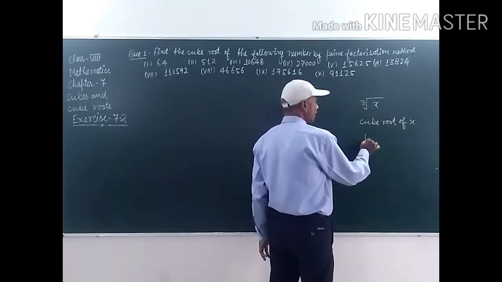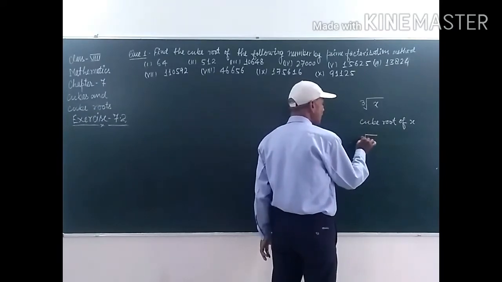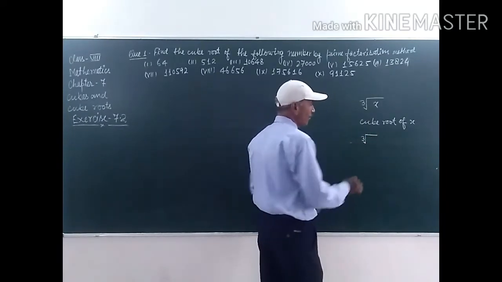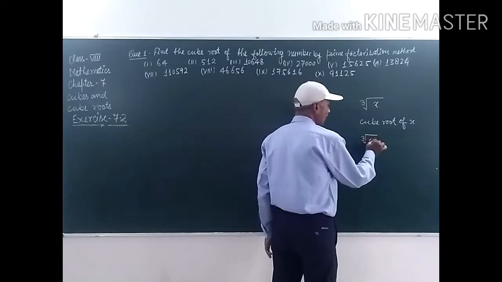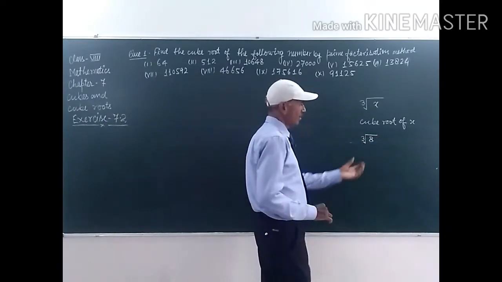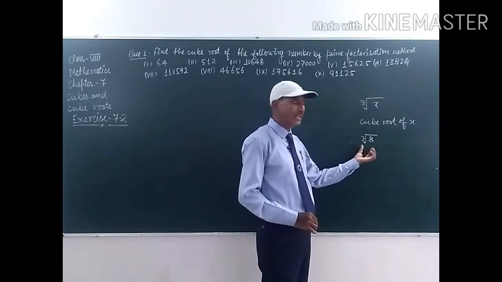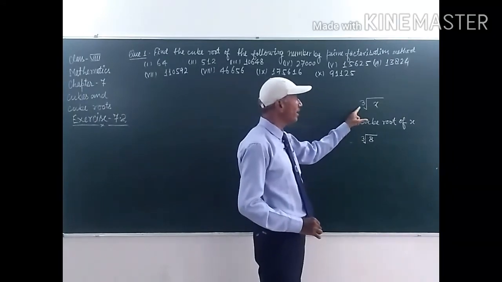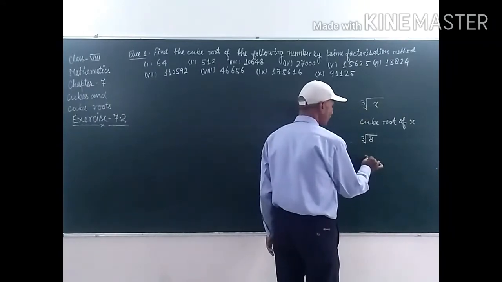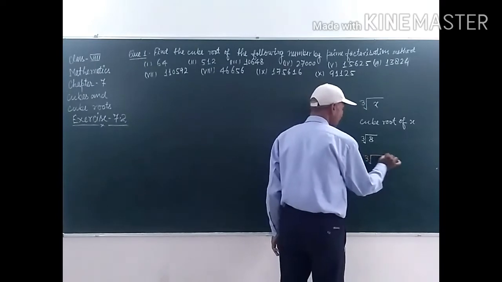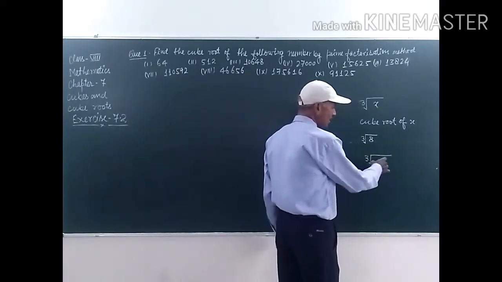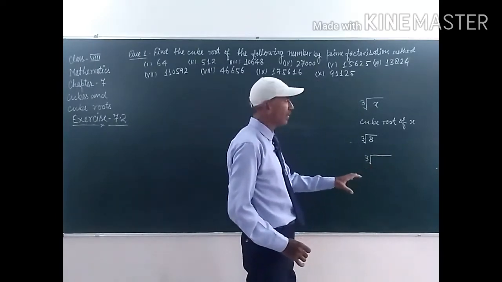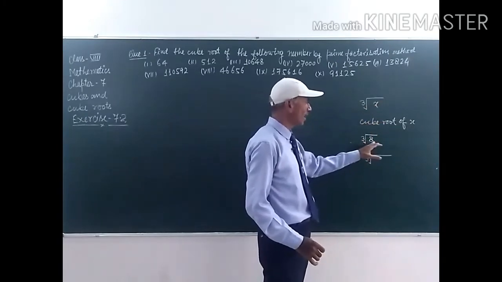And if we write here 8, it means cube root of 8. So we have to write it like this: first make a 3 here and then the root sign. So this is called cube root of x, cube root of 8.